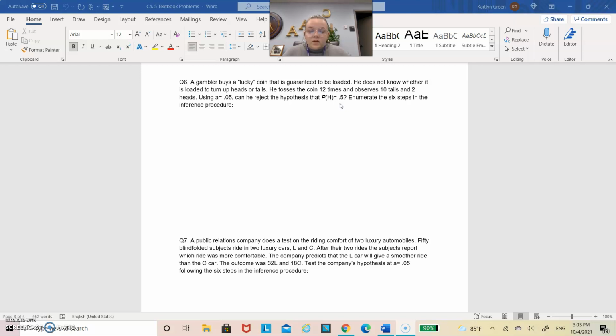And then we're going to subtract 0.5 from the 4 and then divide that by 1.73. And we get a calculated z-score of 2.02. To find the critical z-score, we have to take alpha and divide it by 2 because it's a two-tailed test, and we end up getting 0.025.